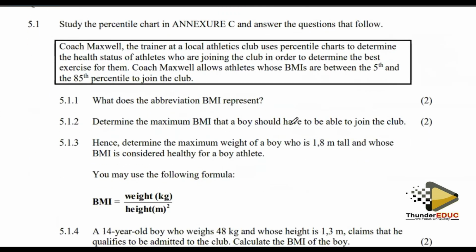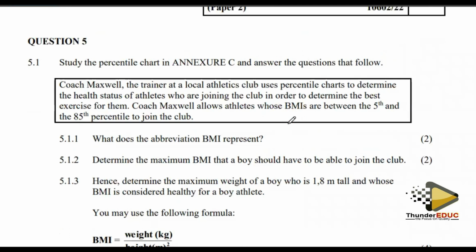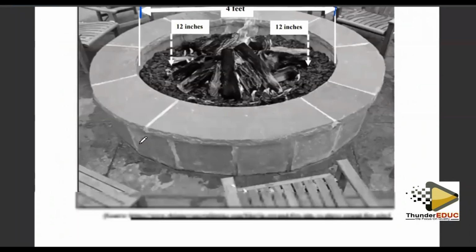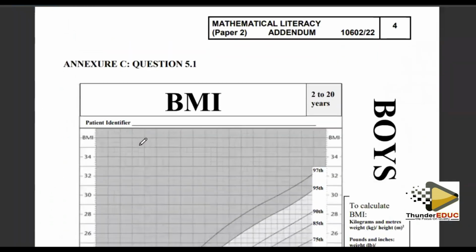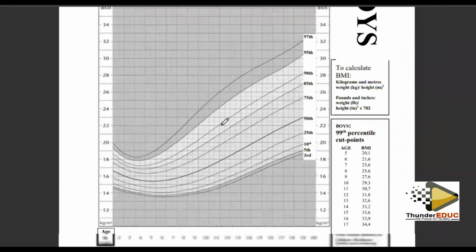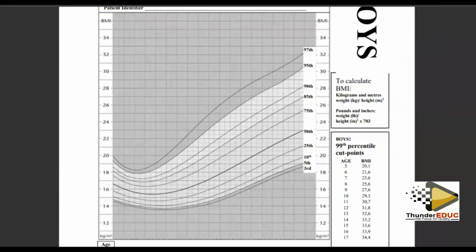Question number 5. Study the percentile chart in annexure C. Percentile chart, when you look at it, in most cases it will be BMI. Actually, it's BMI. And we shall be looking at BMI.